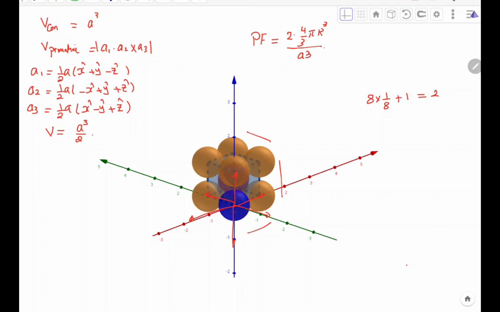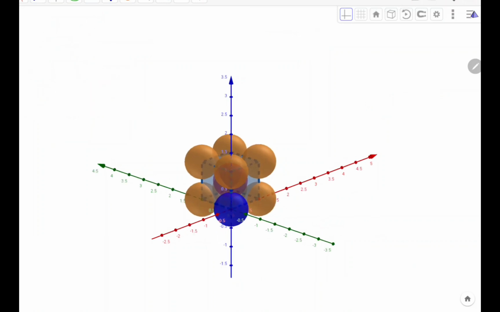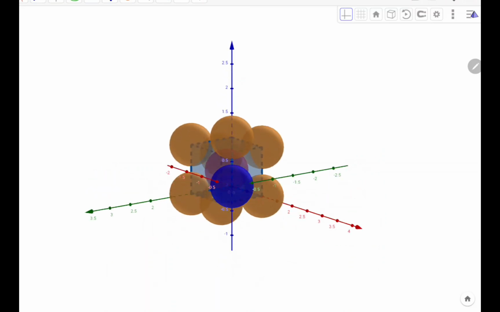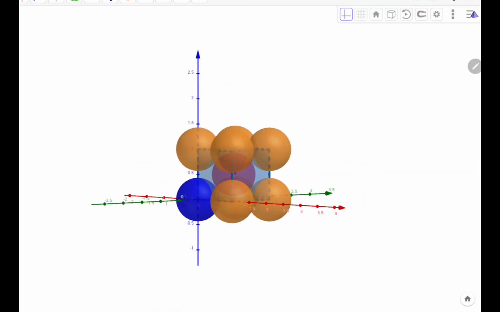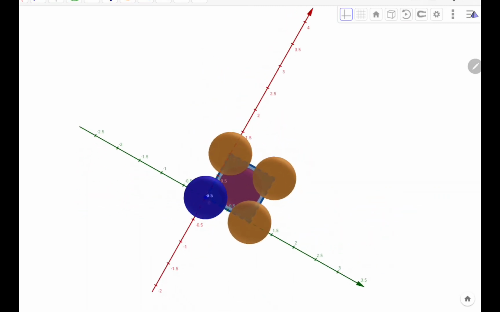Now the question is, what is the relation between R and A? Remember, in the simple cubic, A over 2 is equal to R. This one here is different. Now look, this atom is not in contact with this one here, not even with this, not even with this. This atom is in contact with the red one, and the red one is in contact with this one.